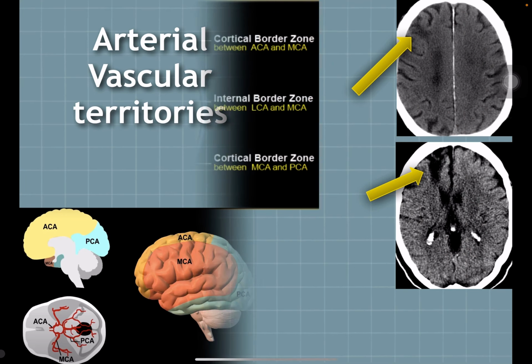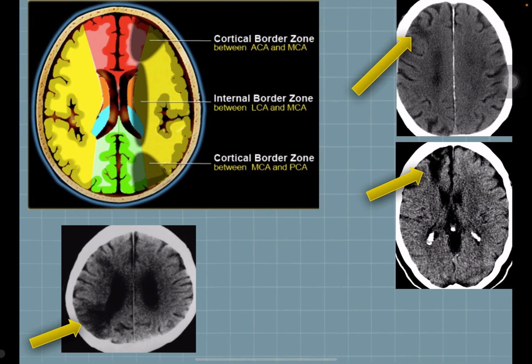When we talk about vascular territories, we have a watershed area, which is a territory at risk of hypoperfusion. This is a border zone in between the major cerebral arteries. Here we have a cortical border zone between the ACA and MCA.